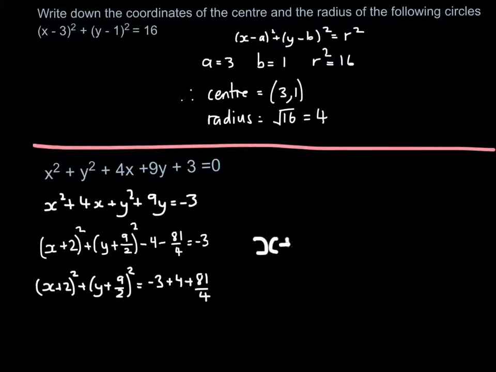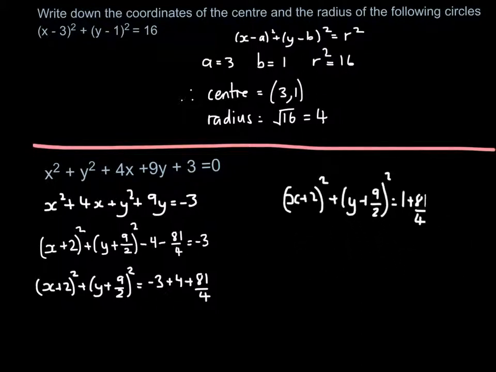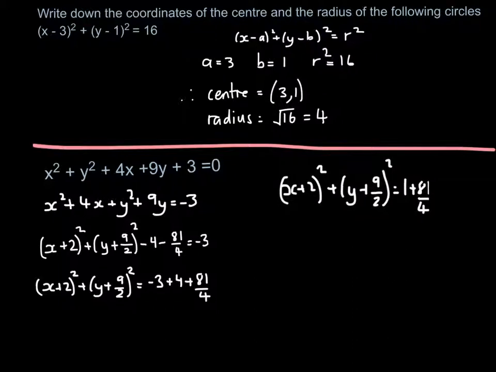Okay, so that's going to give us x plus 2 squared plus y plus 9 over 2 squared. And then that simplifies down to 1 plus 81 over 4, if I just do the minus 3 plus 4 bit first. And it just makes that fraction a bit easier to work with.